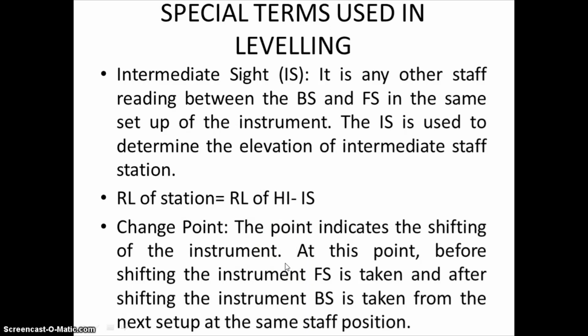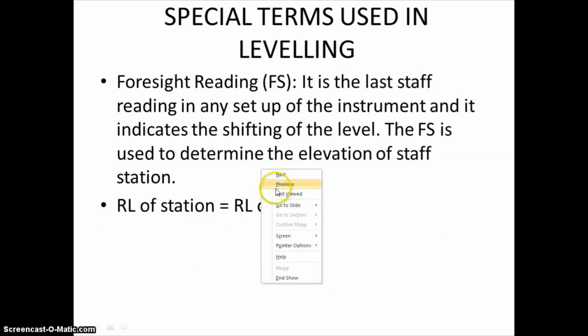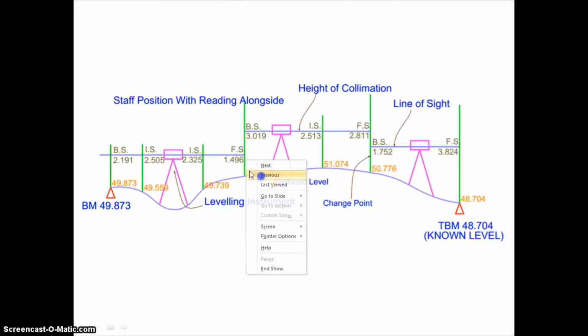Okay, so come to our figure. This is one of the examples I have put here. You can see the benchmark is taken and some value is written, 49.873, and you can see these are all the staffs that you have put at some interval. This is your ground, undulating ground.